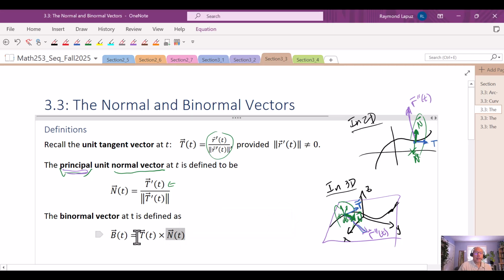And here we don't need to divide by the magnitude anymore, because if you have two vectors that are perpendicular and that have unit length, then the binormal vector will necessarily be of unit length already. And you know that the magnitude of the cross product gives you the area of the parallelogram spanned by the two vectors.